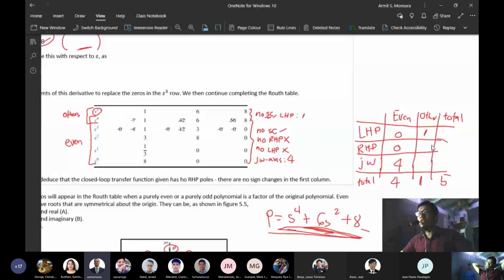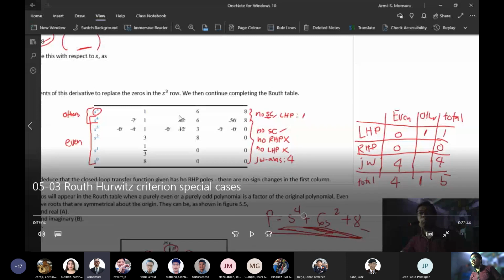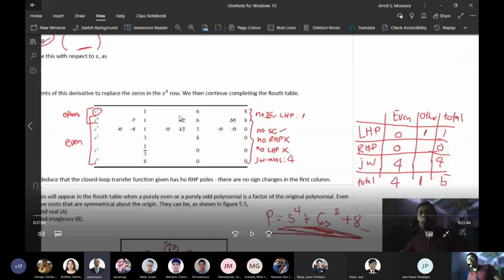Pag tinotal natin, meron kayong isang left half plane pole, wala kayong right half plane pole, at meron kayong 4 na J omega axis. So all in all, meron kayong 5 poles. So that's how we account yung distribution ng poles ninyo on the S-plane for this polynomial. Maliwanag ba yun? Yung explanation doon.